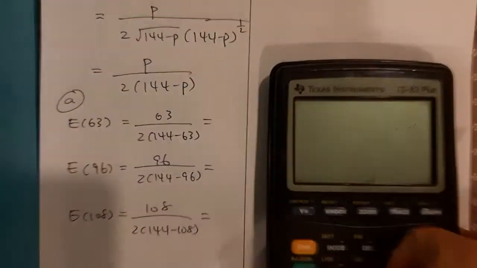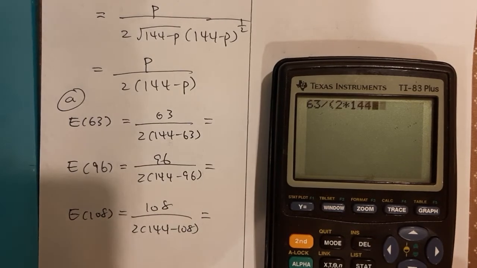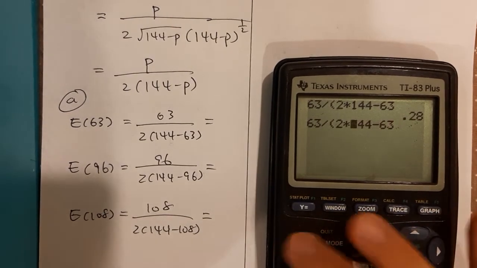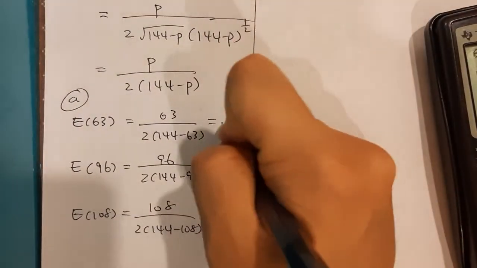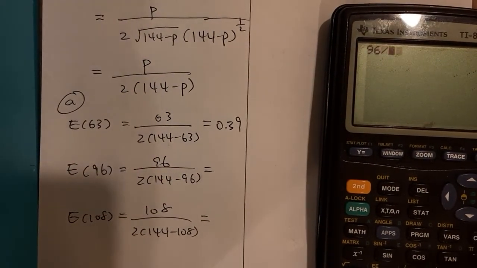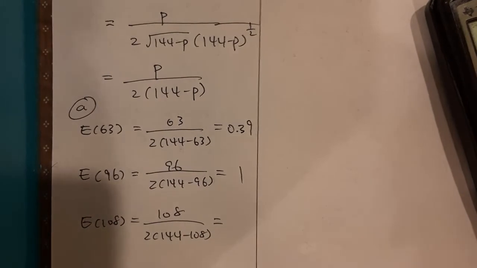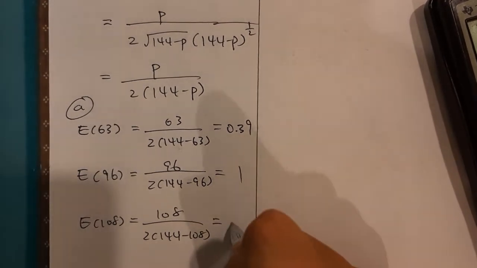So simplifying, 63 over 2 times 144 minus 63, here we'll get 0.39 approximately. 96 divided by 2 times 144 minus 96, we get 1. 108 divided by 2 times 144 minus 108, 1.5.